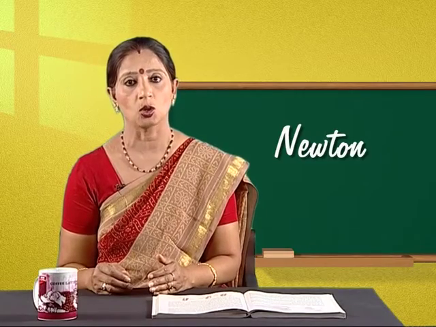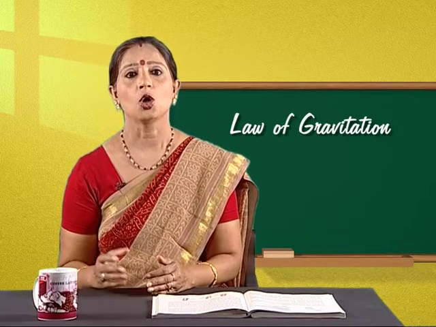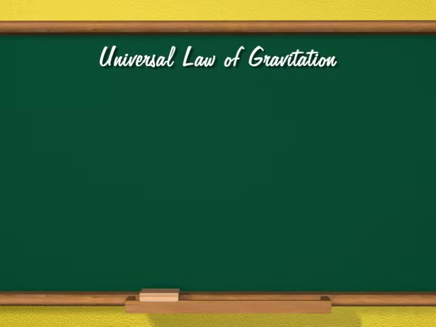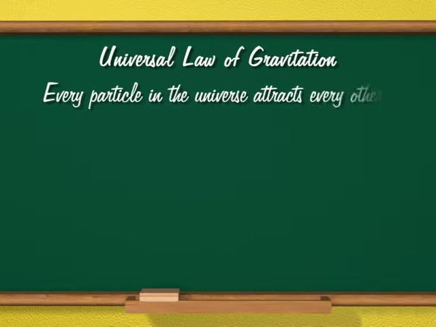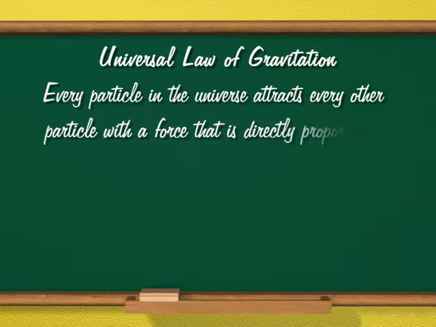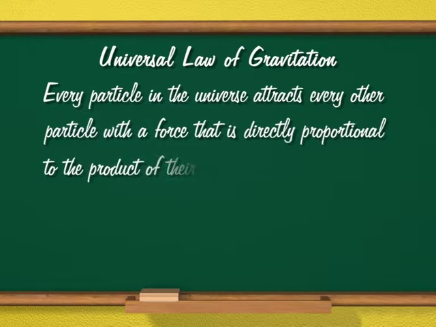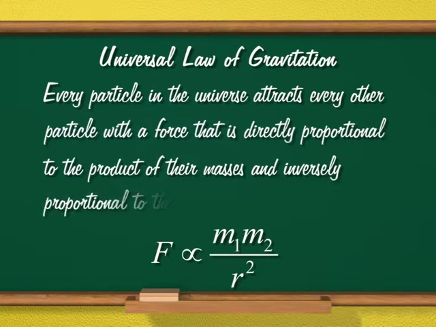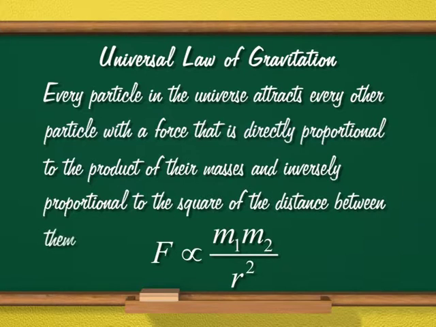In 1686, Newton formulated his well-known law, that is, the law of gravitation, which is also known as the universal law of gravitation. According to Newton, every particle in the universe attracts every other particle with a force that is directly proportional to the product of their masses and inversely proportional to the square of the distance between them.